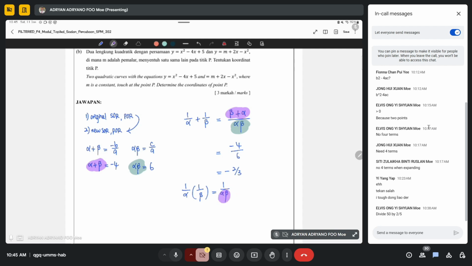alpha beta 它会 relate back to your original SOR, 所以不要担心 whenever 它给你 alpha beta 这种题目，let's say 你真的是不会下手的话，你先做什么？你先找 original sum of root and product of root，找 original 的 at least you will get 1 mark there, rather than 0.